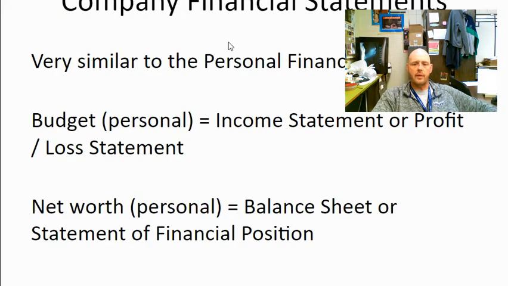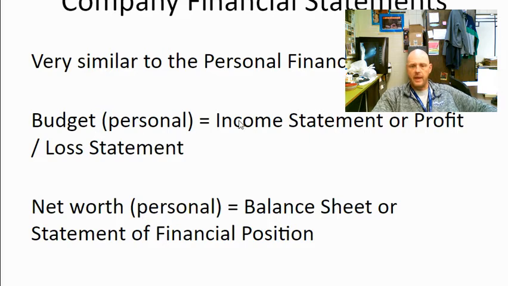We compare that with company financial statements, which are very similar, but it's looking at it from a business point of view. So we look at our budget, again, money coming in, money going out, look at it from a company's point of view, compare my sales and my expenses, right? Money coming in for me doing whatever it is I do, and me spending money to run my company.